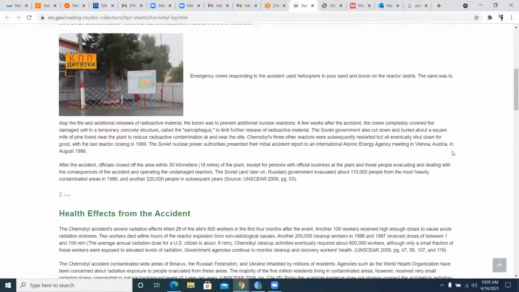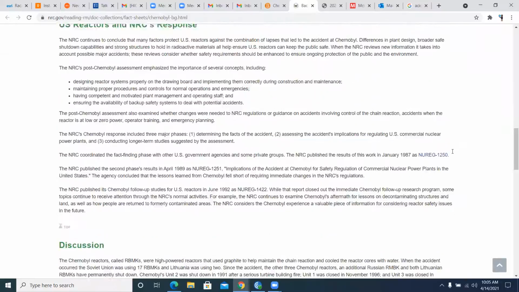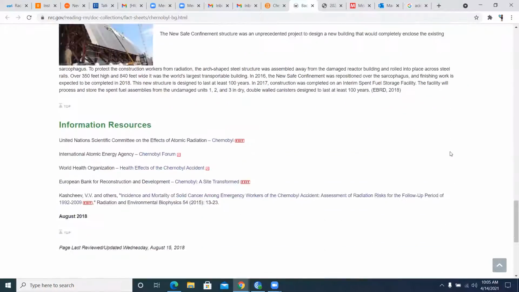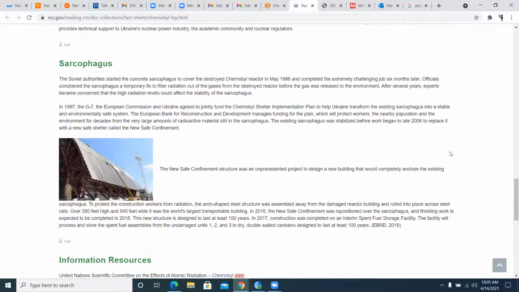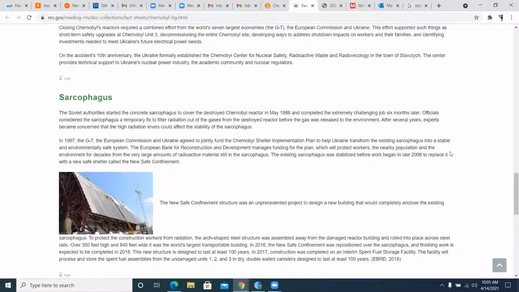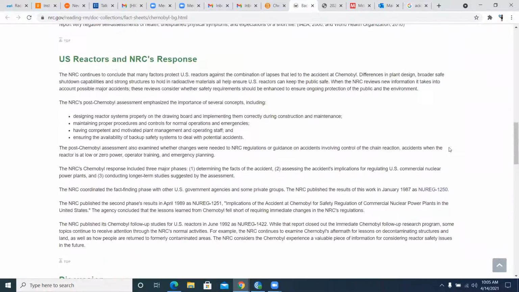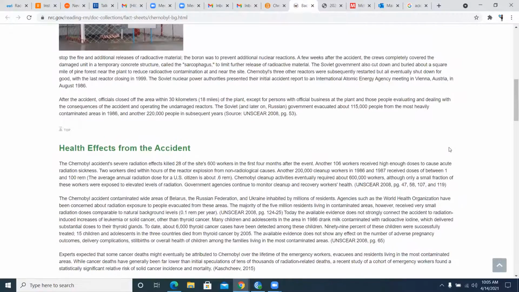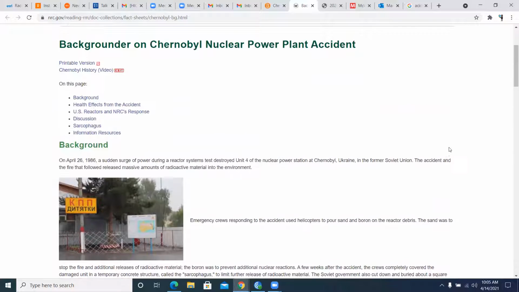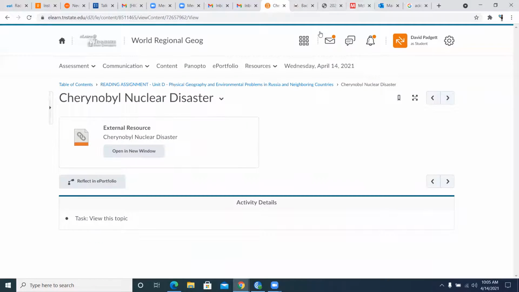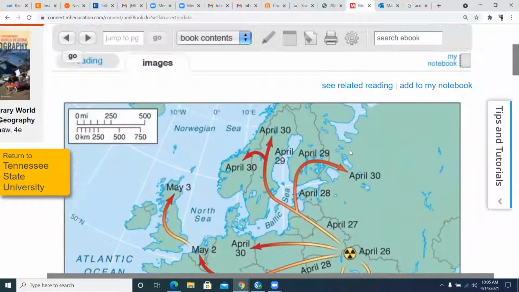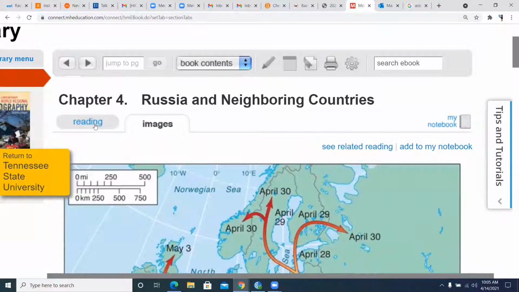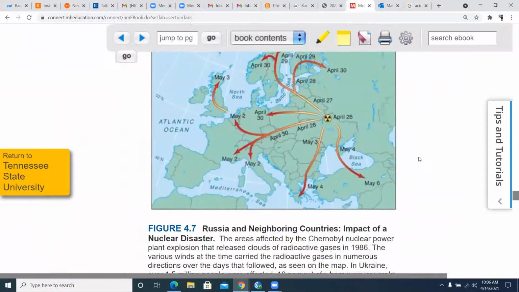Read a background on the Chernobyl disaster within your reading assignment, and also some of the long-term plans to mitigate the site. And so you can see that there's a long history of environmental problems throughout this region.